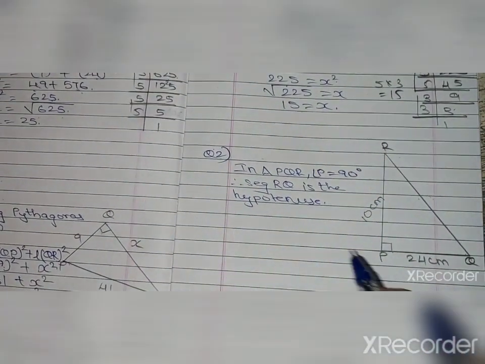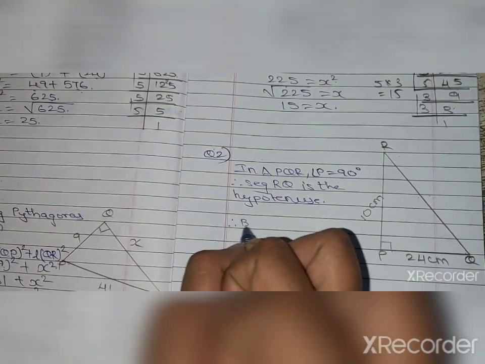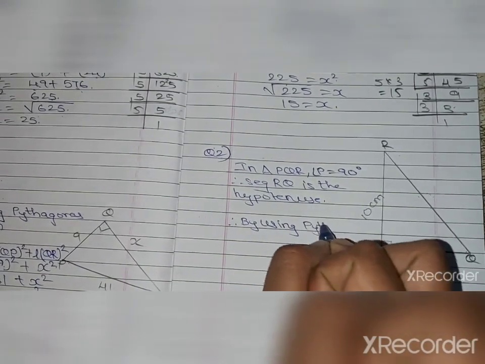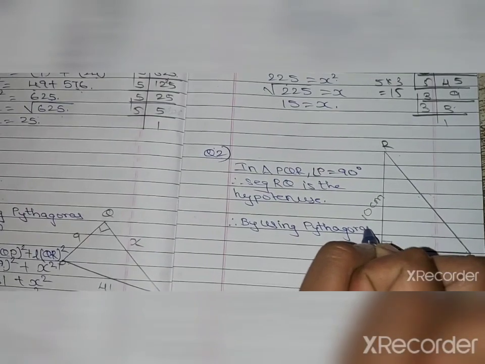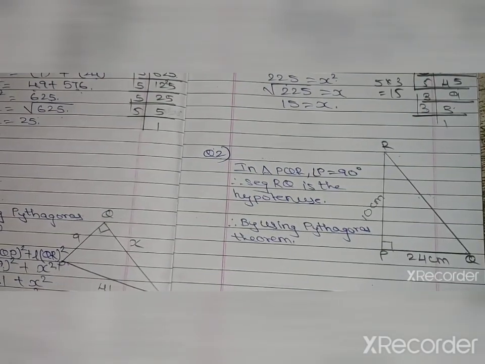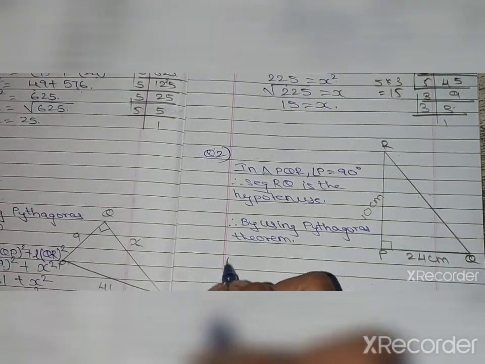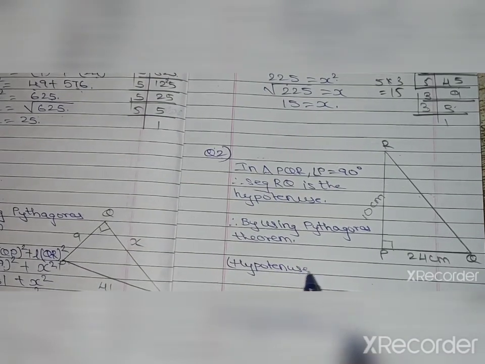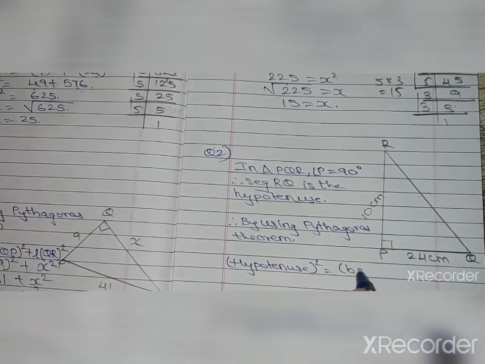Therefore, by using Pythagoras theorem, what is the formula for Pythagoras theorem? Hypotenuse side square equal to base square plus height square.